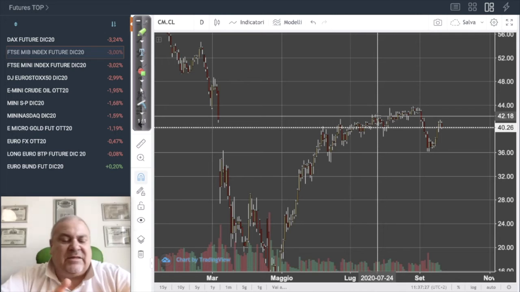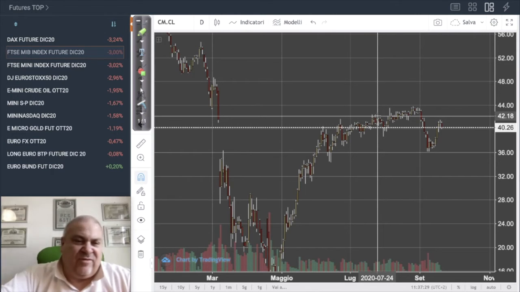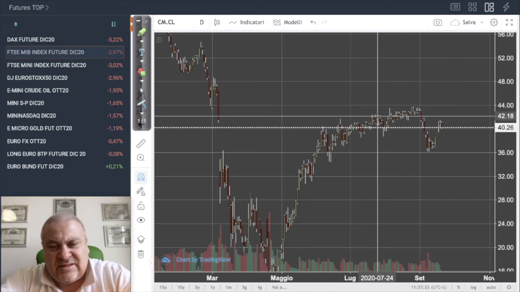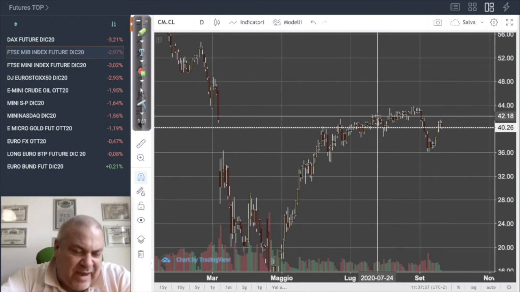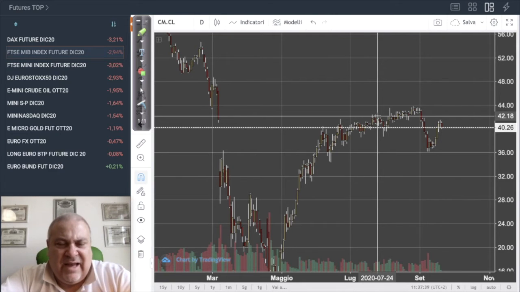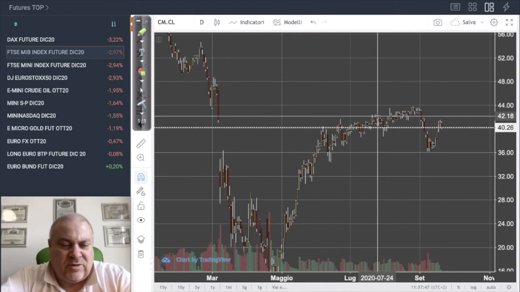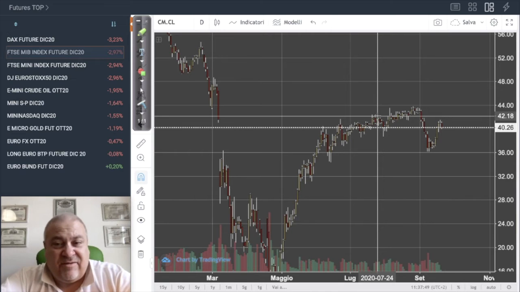But the problem still continues to exist for the companies working in this sector. So don't forget that the oil sector and the bank sector are the worst performing since the beginning of the year, so year to date in the S&P 500.